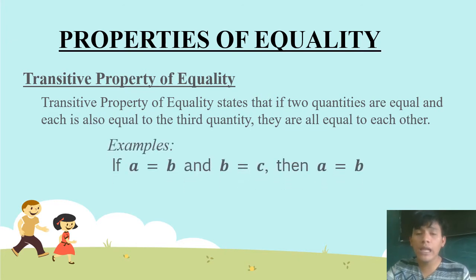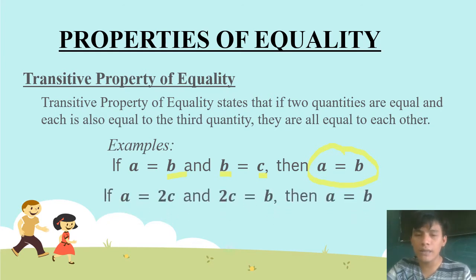Example, if A is equal to B and B is equal to C, then A is equal to C. That's the transitive property of equality. Another example, if A is equal to 2C and 2C is equal to B, then A is equal to B. They're both equal.